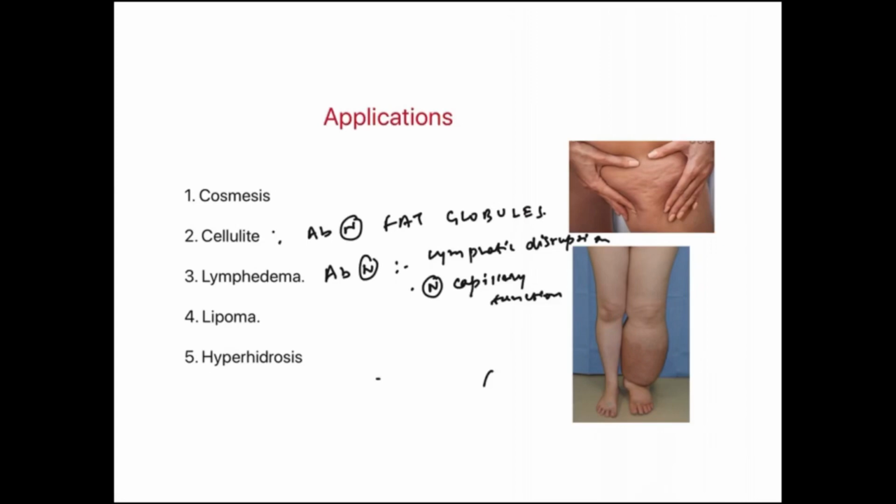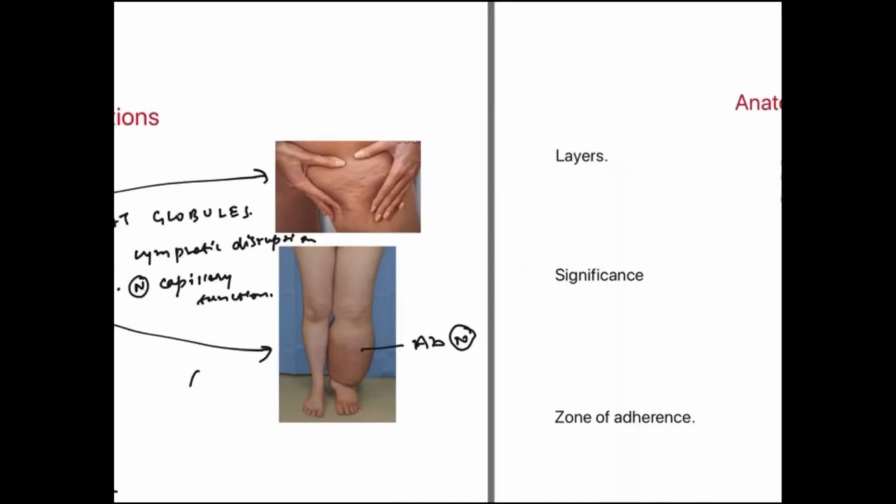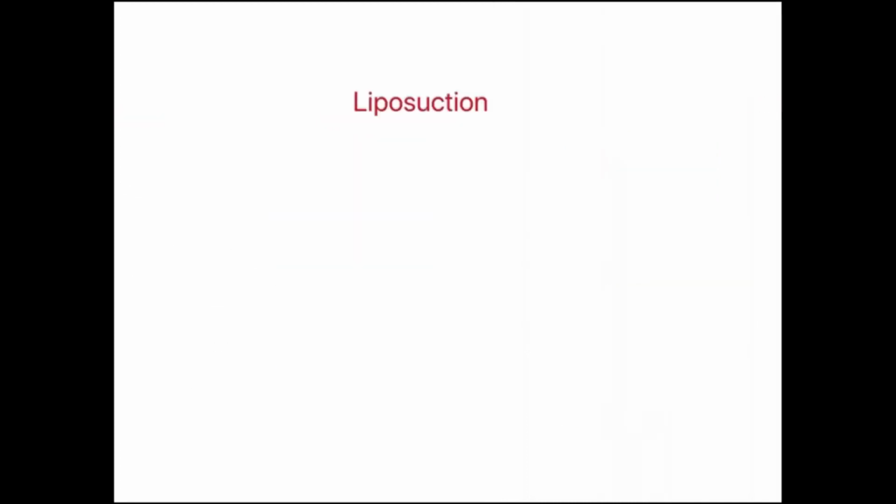We all know that lipoma is a localized collection of fat which is mostly encapsulated, and it's in subcutaneous tissue, freely mobile. Fourth one is hyperhidrosis.